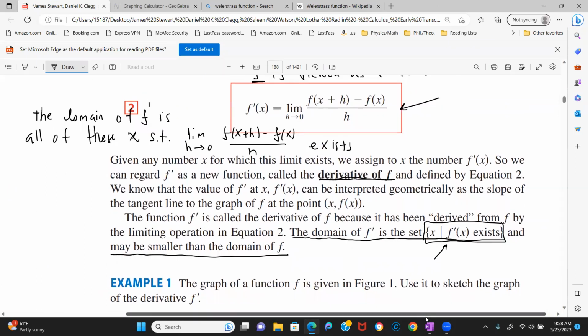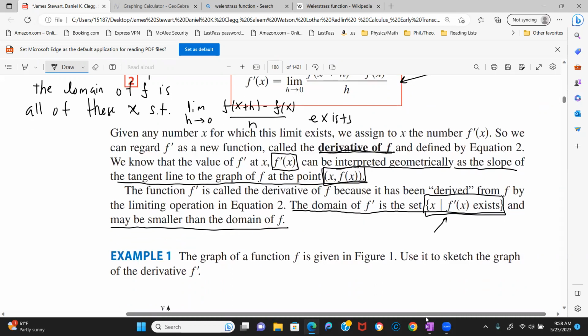And again, going back to something we already know, one way of interpreting the derivative geometrically is as the slope of the tangent line to the graph at the point x, f of x. So f prime of x gives you the slope of the tangent line passing through this point right here, x, f of x.